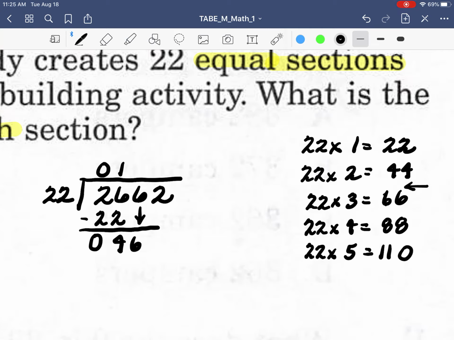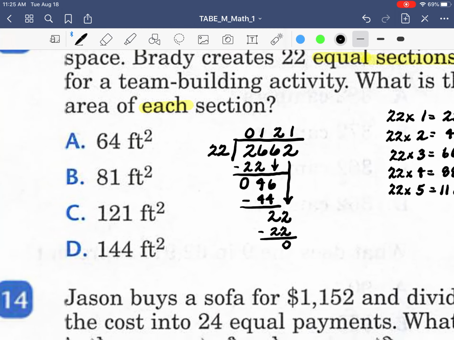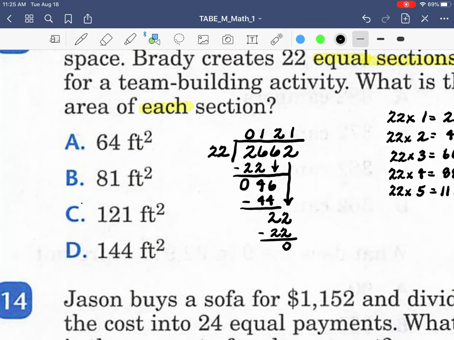This is going to be right in here, so that's 2 times. 44 down there. Bring down the 2. 22 into itself is 1 time. So I believe that our answer is 121 square feet for each section.